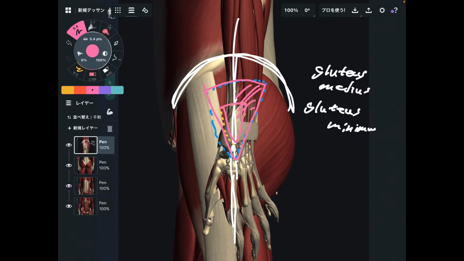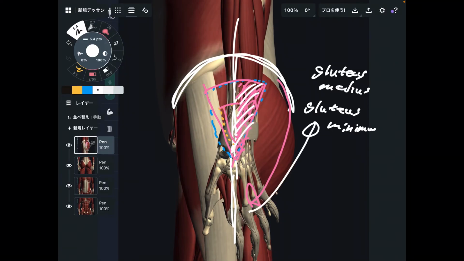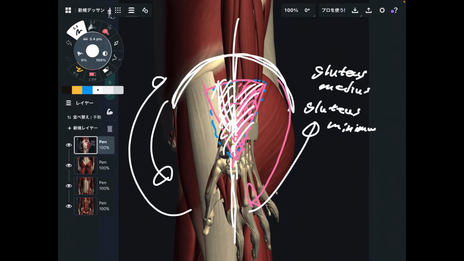I want to focus on posterior part, posterior fiber. When posterior part contracts, that brings pelvis posterior tilt. And same time, posterior fiber is also hip extensor. That is what I just said, right? On the other hand, anterior fiber does anterior tilt. Plus, anterior fiber is also for hip flexor.